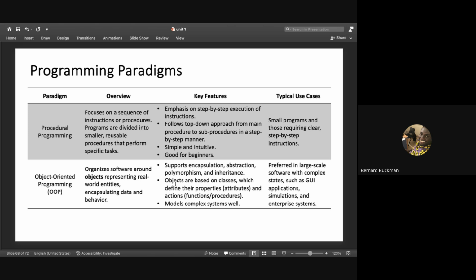All those are characteristics of object-oriented programming, which help us to build modular and well-defined pieces of code. So if you are building a very large application, you use object-oriented programming.